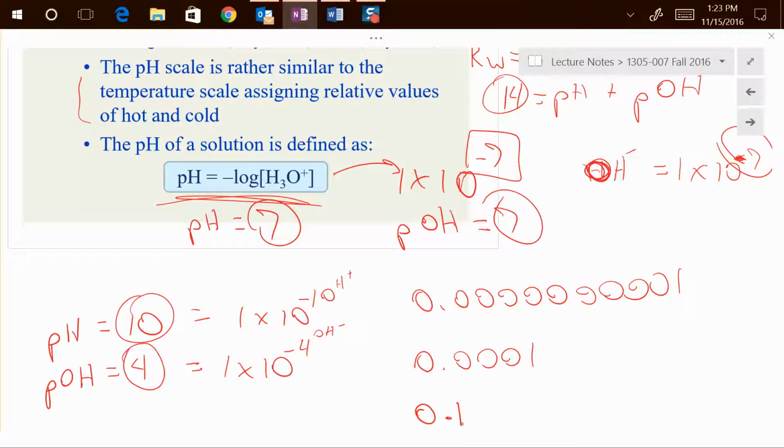So, as my pH decreases, what's happening to the H plus ion concentration? It's increasing. As my pH decreases and the H plus ion concentration is increasing, what's happening to the OH minus ion concentration? It's decreasing.